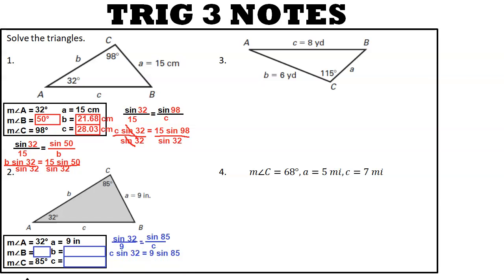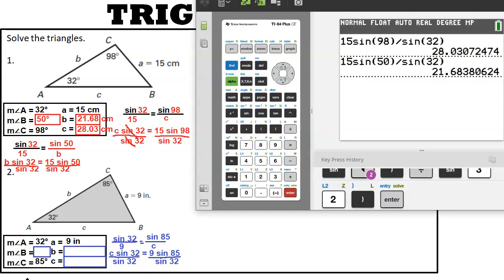Now again, my advice to you is to just save the calculator for the very end and do it all in one shot. That way you don't have to keep going back and forth. And the other thing, and this is a big deal, is that you don't have to round. I want to get my answers and then round at the very, very end.